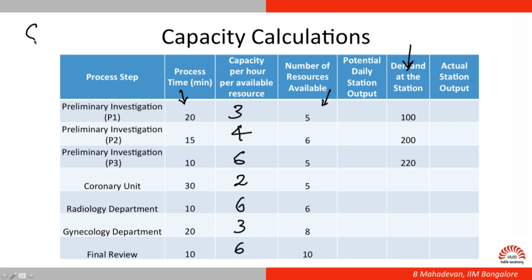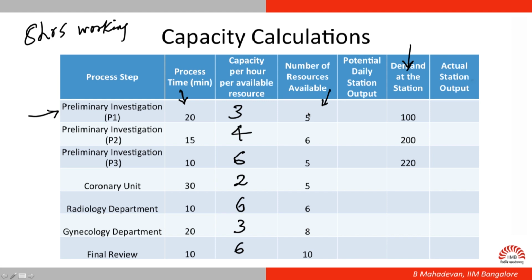This diagnostic center works for 8 hours. So, we can now calculate what is the potential output possible at each of these workstations. Let us take preliminary investigation 1 for patient type 1. If there is one resource, 3 patients can be processed per hour.